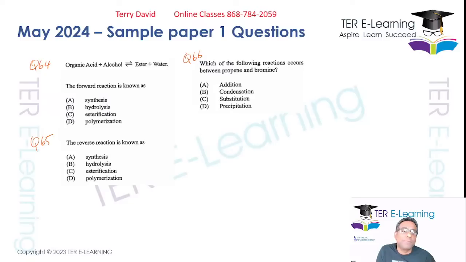Question 64. A lot of people are getting C. Yeah, the forward reaction is called esterification. And what is the reverse reaction called?